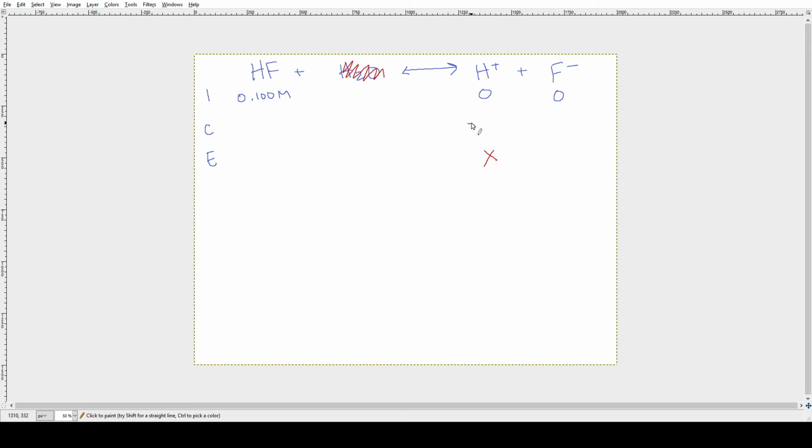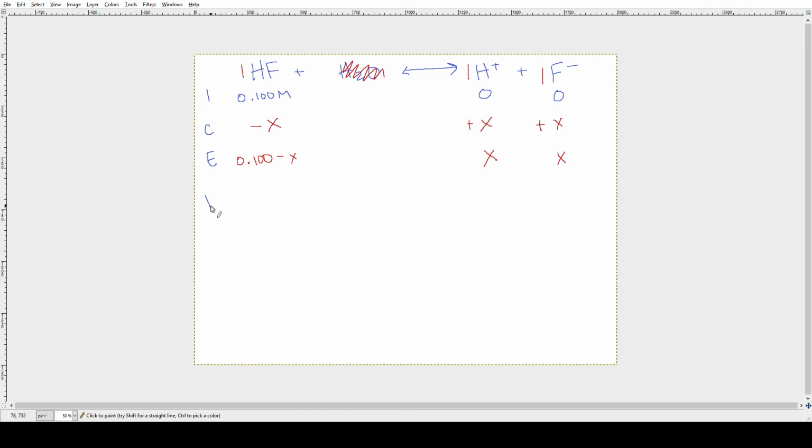So I know I must have added x in order to get here. I know that I have a 1-to-1 mole ratio for everything from my balanced equation. So that means I must have also added the same amount of fluorine. And here I would have subtracted x. So what you're going to write down at the bottom here is a little different than usual. You're not going to have a solid number. It'll be 0.1 minus x.